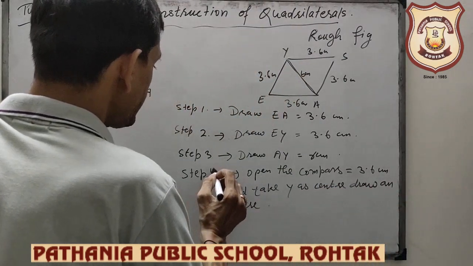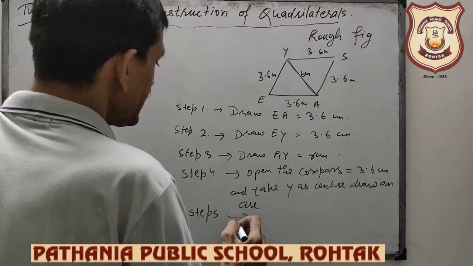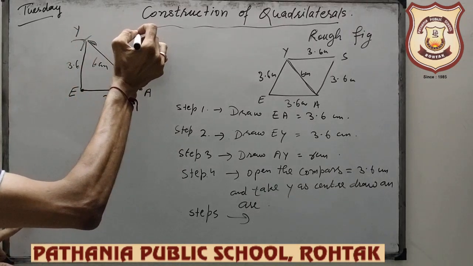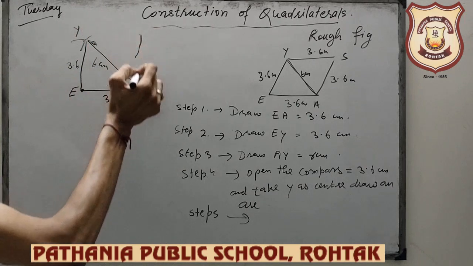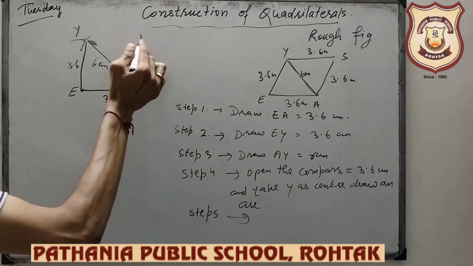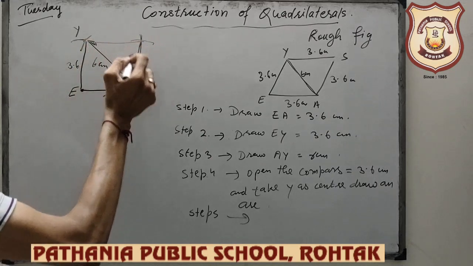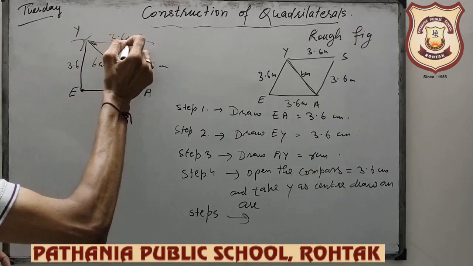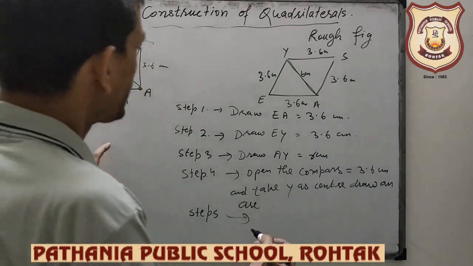Now step 5. Now from here you will put an arc of 3.6, because all sides are equal, and from A also draw an arc of 3.6. So in this way, this is the rhombus. These all are 3.6 centimeter. And join all these.